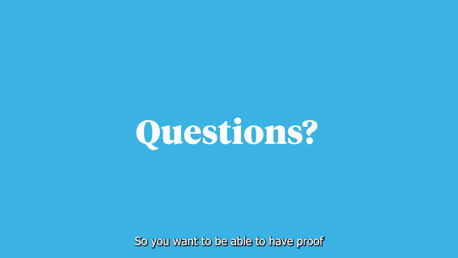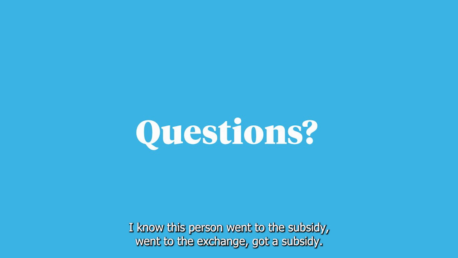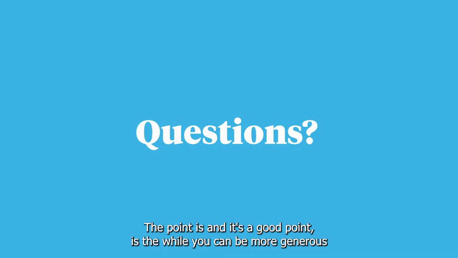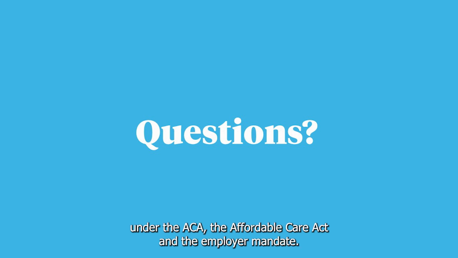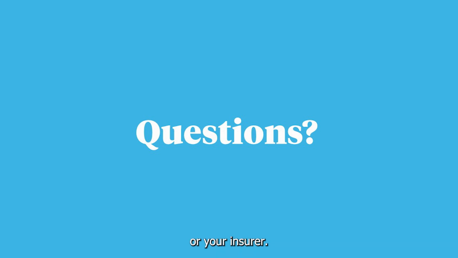So you want to be able to have proof if you get a penalty letter, to say, hey, we took this one off. Yes, I know this person went to the exchange and got a subsidy, but we did offer them coverage and then we took them off for a legitimate reason, and this is why. Yes, the point is, and it's a good point, while you can be more generous under the ACA, the Affordable Care Act, and the employer mandate, you also don't want to run afoul of your contract with your TPA or your insurer.